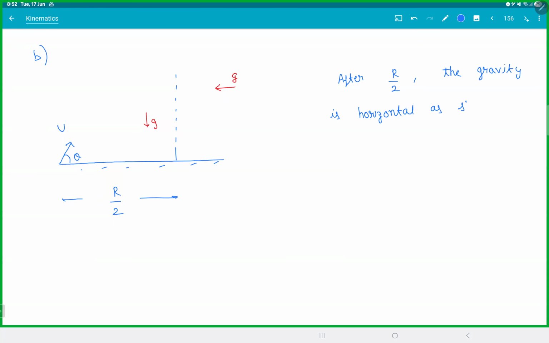So can you draw the path and find the time of flight? So there is no vertical gravity there. I showed now. Here vertical gravity, here horizontal gravity. The left half gravity is down, on the right side gravity is horizontal.